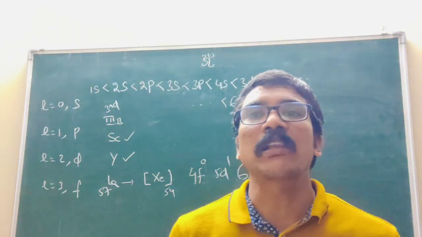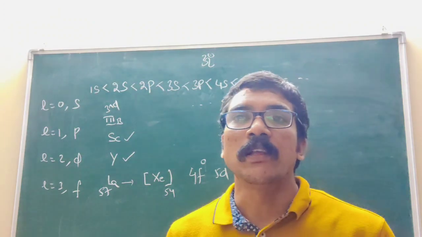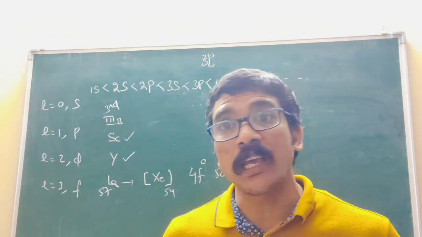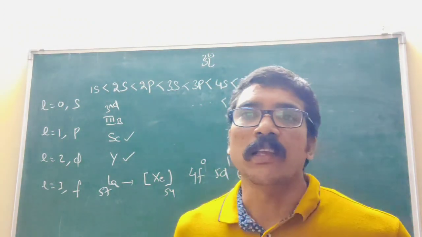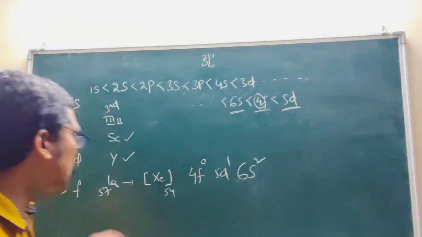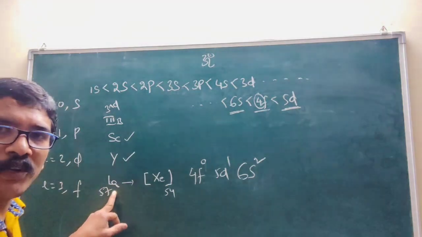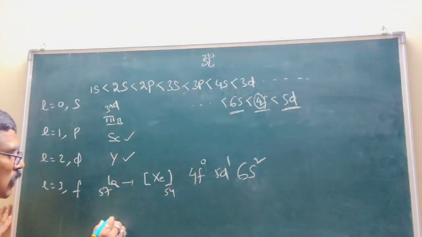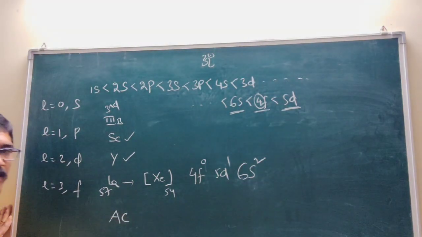Yesterday's class, and in this class, I am discussing the elements with exceptional configurations. This is the first element, lanthanum. After lanthanum, the next element is actinium.